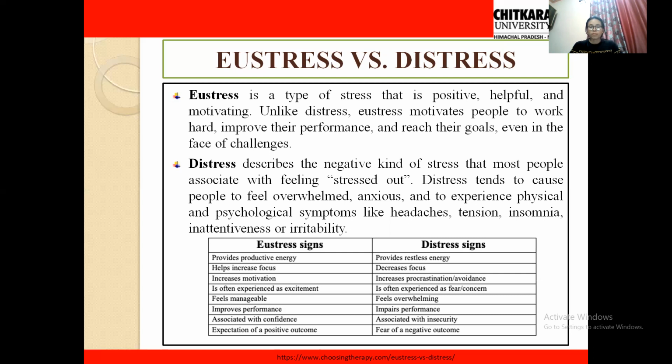However, distress signs provide restless energy, decrease focus, I can't concentrate on a particular point, and increase procrastination or avoidance, that I will try to avoid the situation, thinking, okay, let me do it another day. I am not interested, I am not able to concentrate today. It is often experienced as fear, feels overwhelming, and impairs performance, my performance level will deteriorate, and is associated with insecurity and fear of a negative outcome. So this is the main difference between eustress and distress.